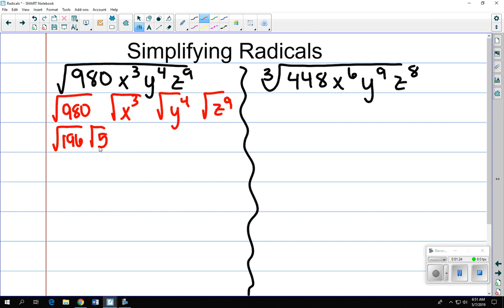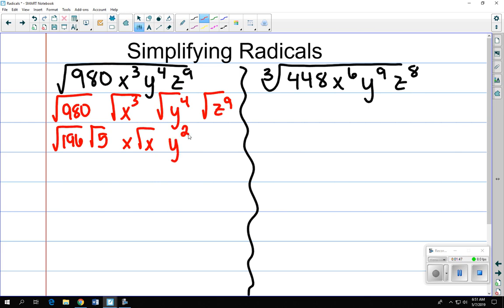So when I look at 3 divided by 2, I get 1.5. What I'm going to do is factor out my 1 x, and then I'm going to leave 1 underneath. This is saying that if I was to go back and square these, I would get my x to the third. With the square root of y to the fourth, 4 divided by 2 is 2.